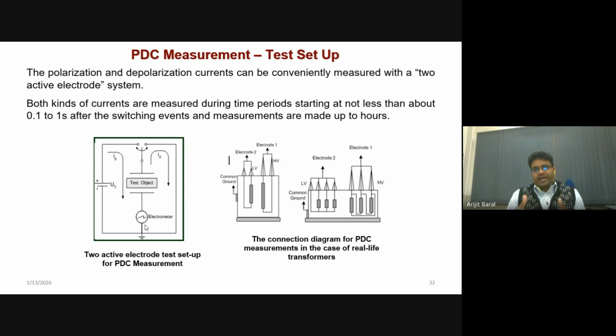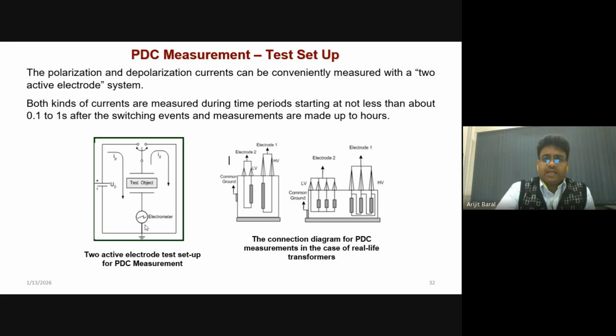If you are trying to measure a current generated by, suppose, 1000 volt DC, the current will be in the range of a few microampere or nanoampere. So you need an ammeter with the capability to measure accurately at that small level, and that is why we use a picoammeter or electrometer.